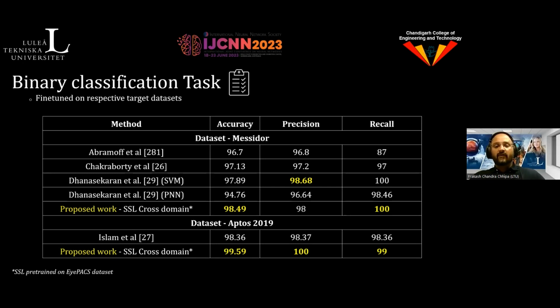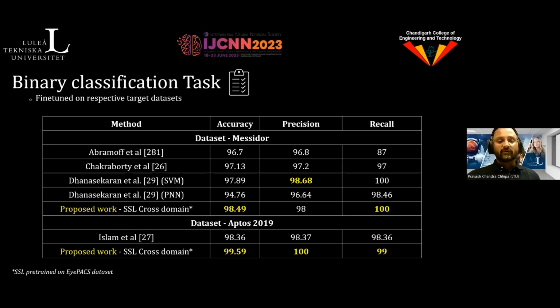The upper half of the table shows the results on the MESSIDOR dataset. It can be seen that using self-supervised representation learning on the IEEE task, it is able to learn effective features which can be transferred to the downstream tasks by fine-tuning on the MESSIDOR dataset.